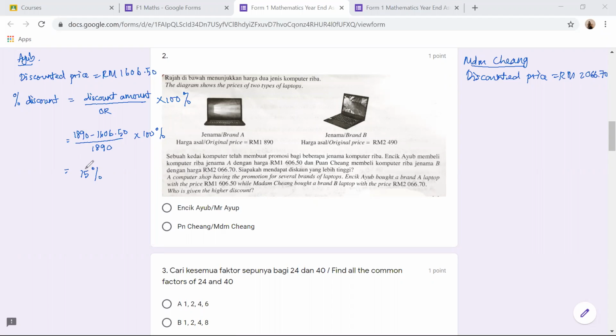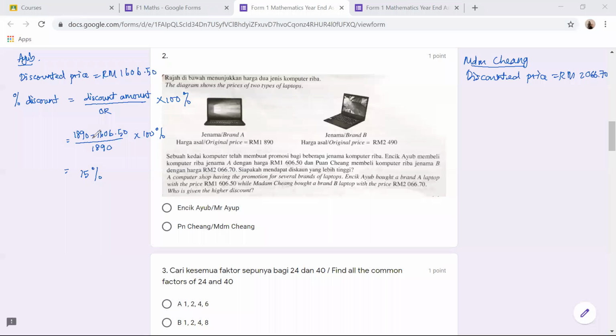Really? Yes, 15%. How did I get 57? I don't know. 1890 minus 1606.50 is 200 something, isn't it? I forgot. Yeah, I messed up on that one, but I still got the answer correct.